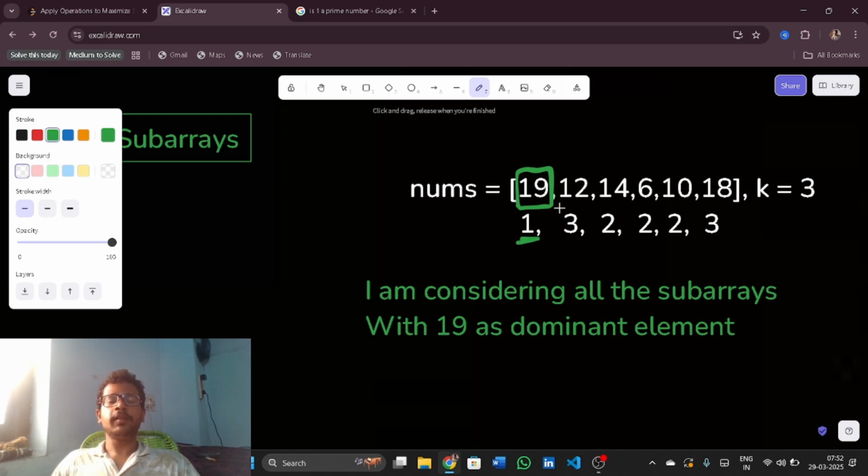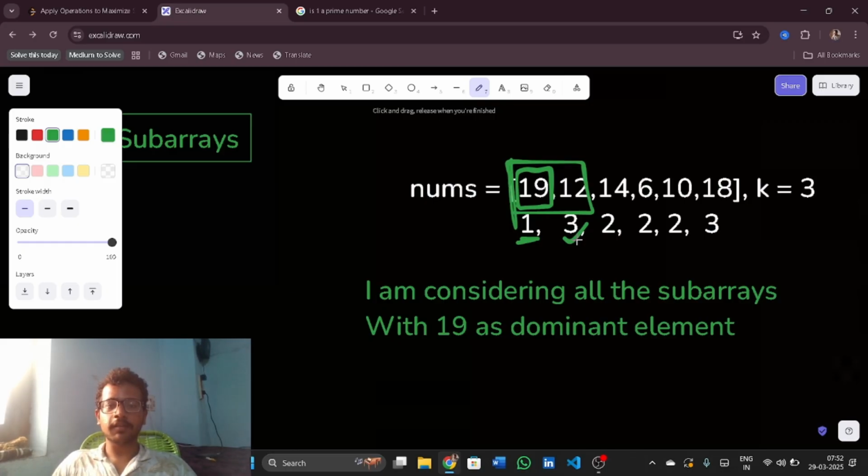Now let me see, can I get a subarray? There is no element at the left, so I can't get a subarray on the left. So let me go to the right. If I consider the next element 3, I am not talking about the value of the element. I am talking about the prime factor count of that element.